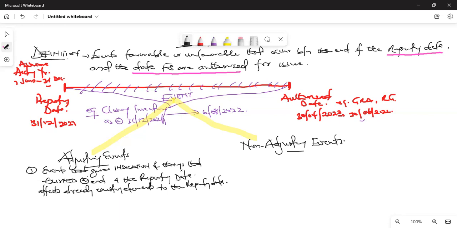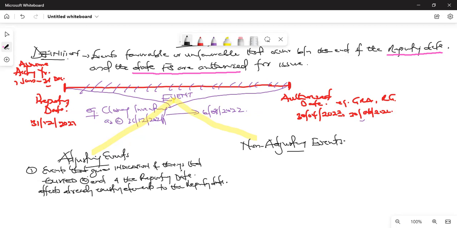You now need to consider that inside your financial statements, because when the court case is ruled somewhere in the following year, you already knew of it before the end of your reporting date. So you have to come back and do something to it. All right, so that is that.